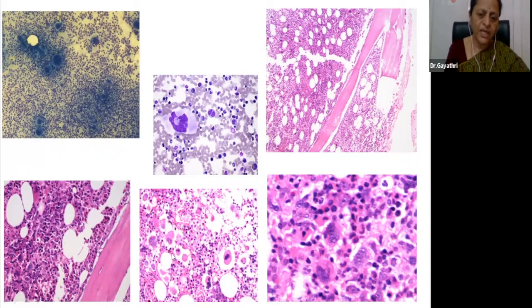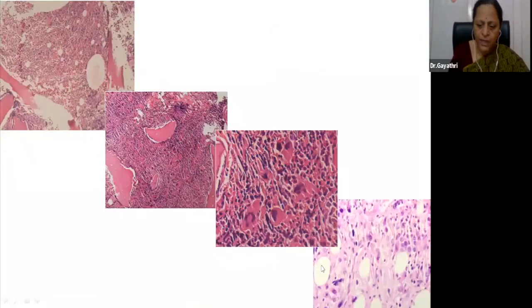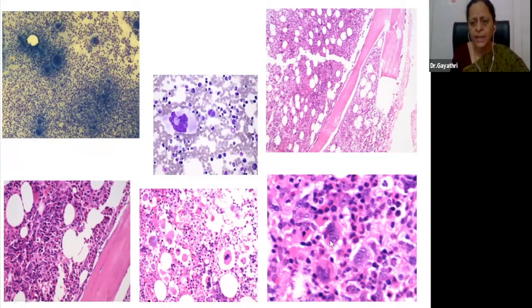There is marked variation in their morphology. You see some small megakaryocytes. We'll look at more later. At an even higher magnification, you see that there is a small megakaryocyte, a dwarf megakaryocyte. Then there are these large megakaryocytes, very large, but they do not have the accompanying cytoplasm to the extent that the nuclei are.